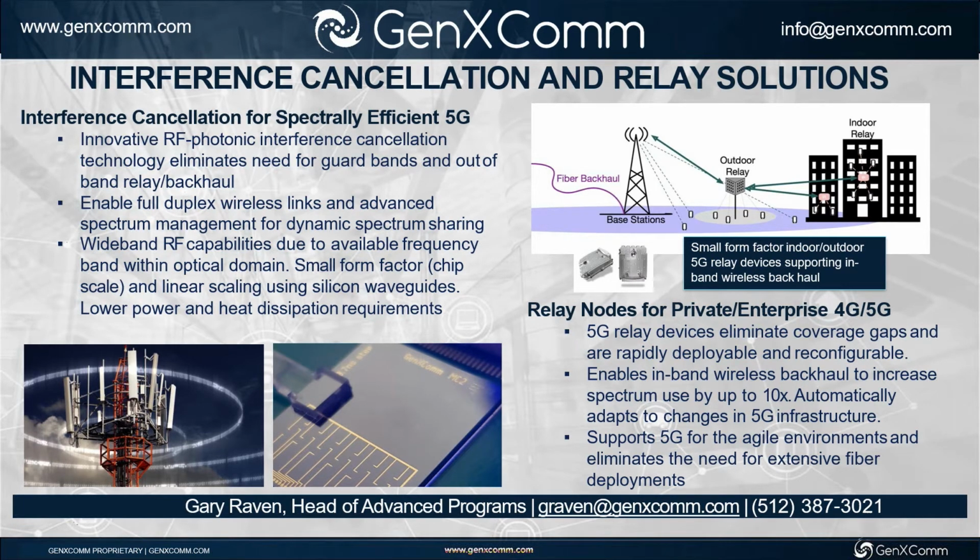Your radio is operating in the usual bands you operate in: CBRS, proprietary bands, unlicensed, lightly licensed bands, millimeter wave, you pick. We take the signal, convert it to photonics, cancel out the interference, and convert it back. It's all RF in, RF out, but you use photonics to cancel the interference.